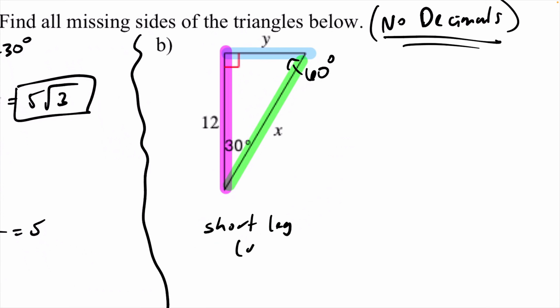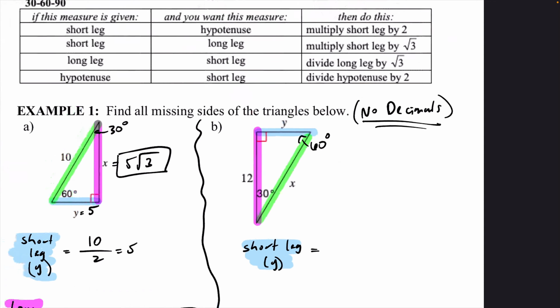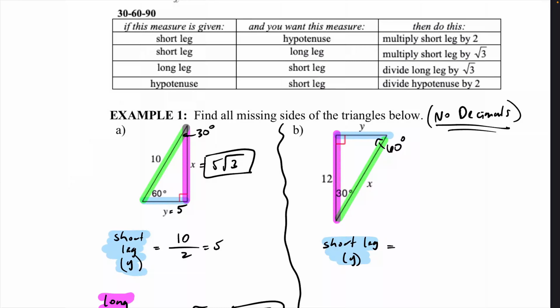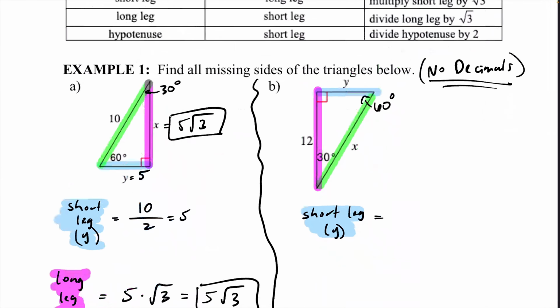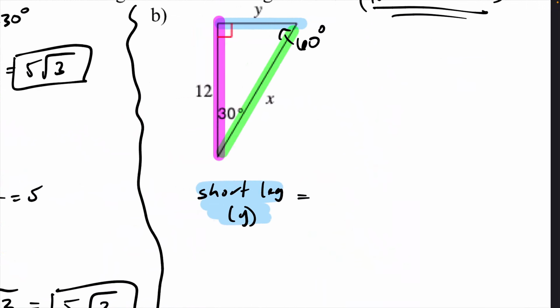The short leg is y. The long leg, to find the short leg, divide by the square root of 3. Well, what was the long leg? 12, right? Divided by the square root of 3.